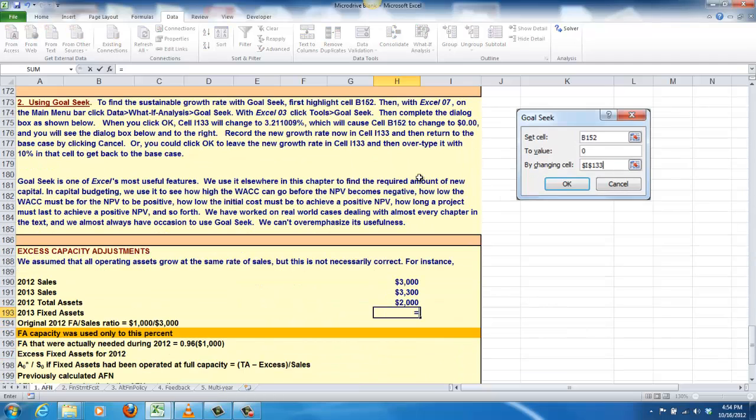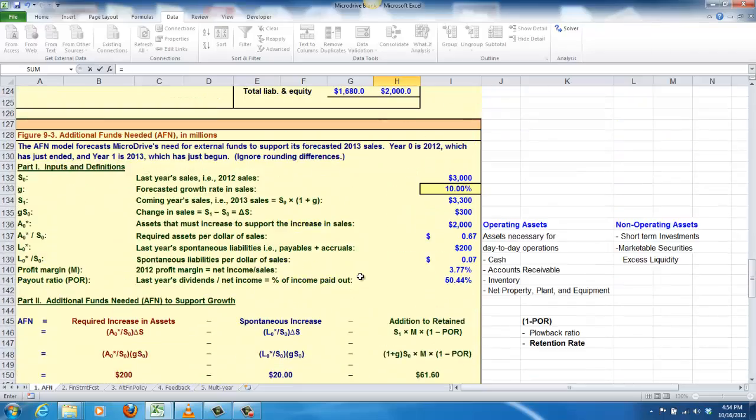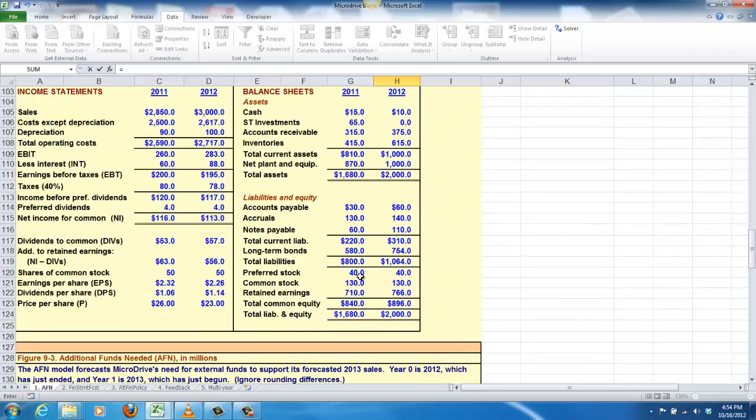Our fixed assets for 2013 is going to be equal to H110, which is our net plant and equipment for 2012.